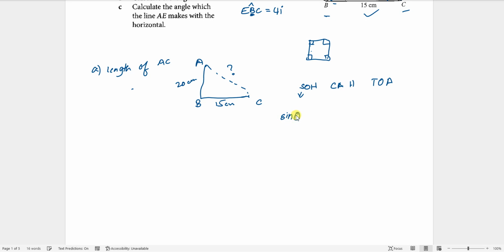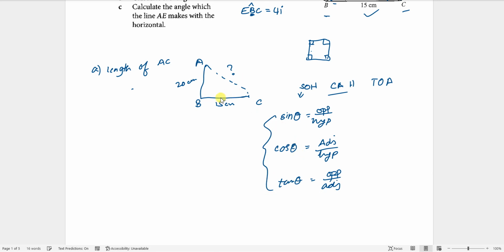Sine theta equals opposite by hypotenuse, cos theta equals adjacent by hypotenuse, I just call it hyp, and tan theta equals opposite by adjacent. These are the three rules. But you don't need to use them here. You can simply solve it using Pythagoras theorem.